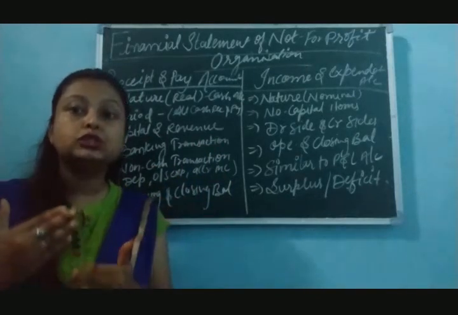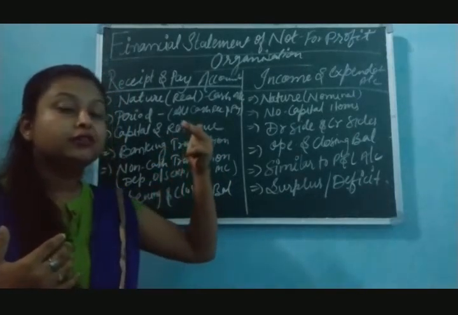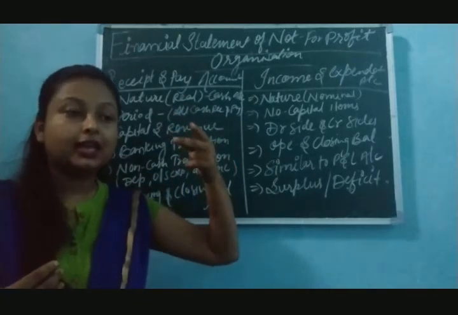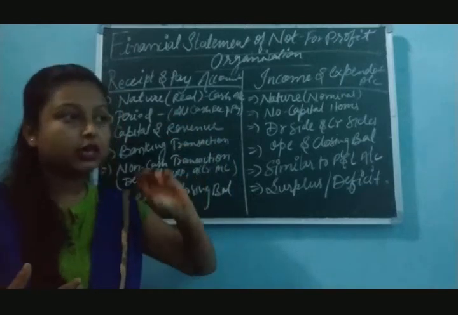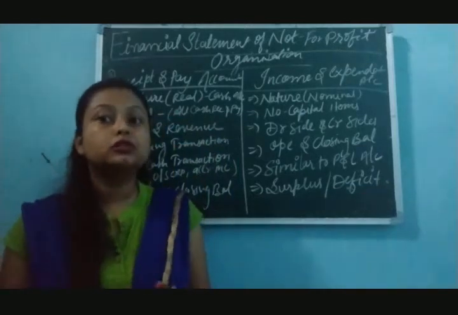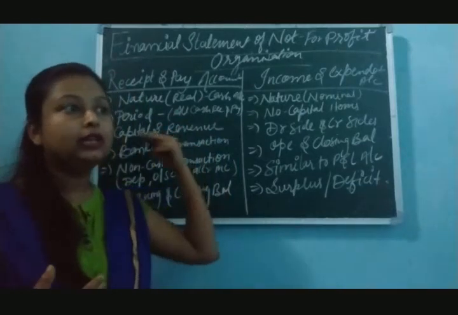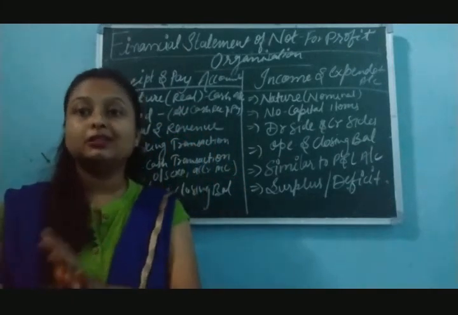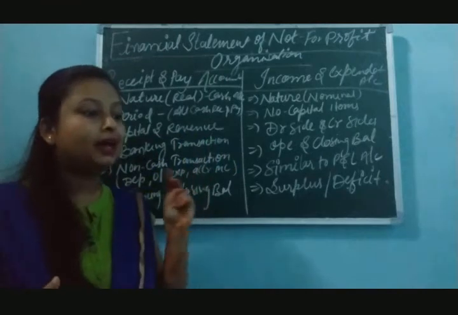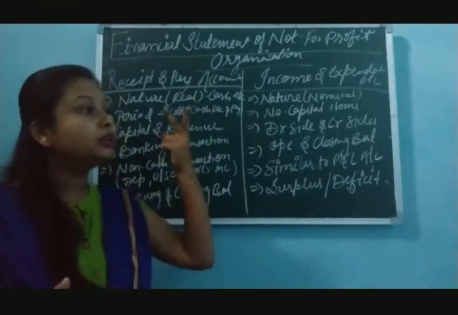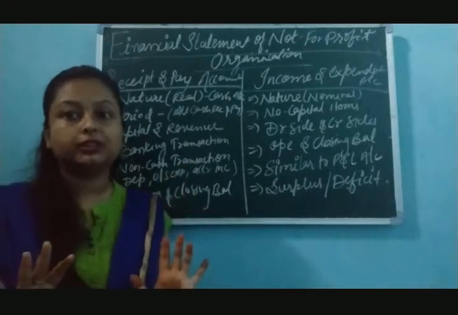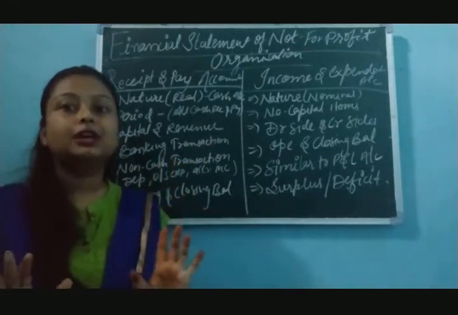We are going to start this account with the opening balance first. It can be of cash and bank both. The closing balance will be in the same way. If only the cash balance is given in the question, it ends with the closing balance of cash only. And if cash and bank balances are both given, then we record the transactions and take out the value of cash and bank both. The balancing figure will come like that.